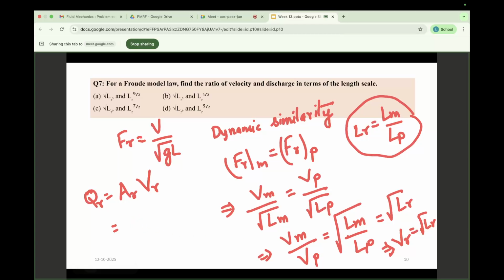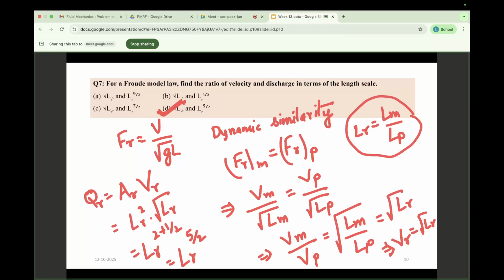As the length is given, in place of area I can write Lr square, because the unit of area is length square. In place of Vr I can write root Lr. So that means Lr to the power 2 and this one is half. That means Lr to the power 5 by 2. So the correct option is option D. So the correct answer is option D.